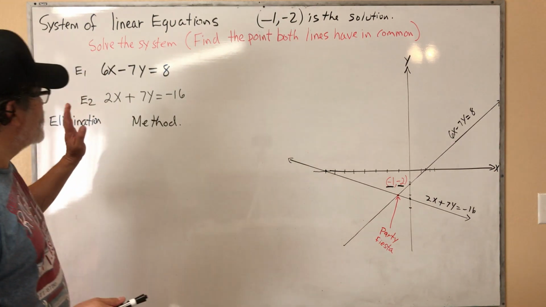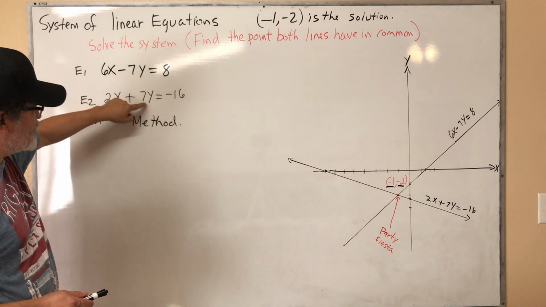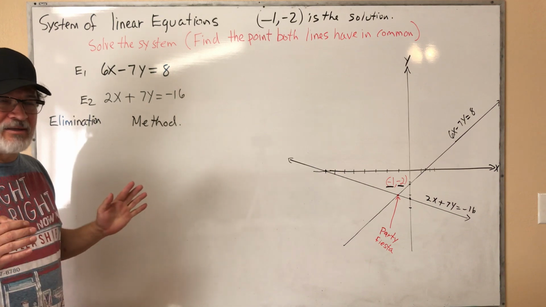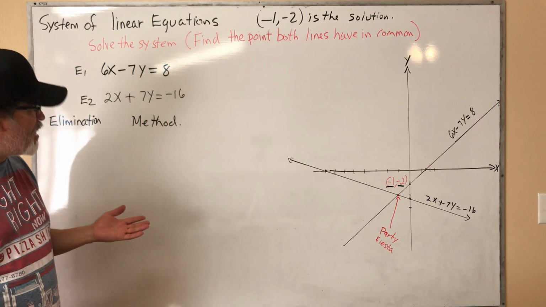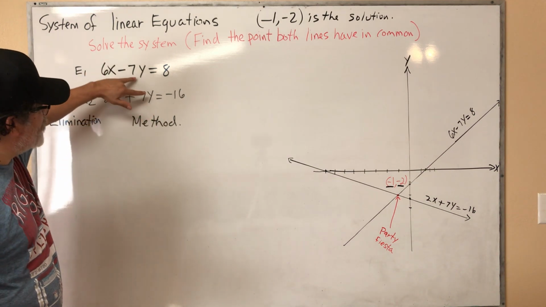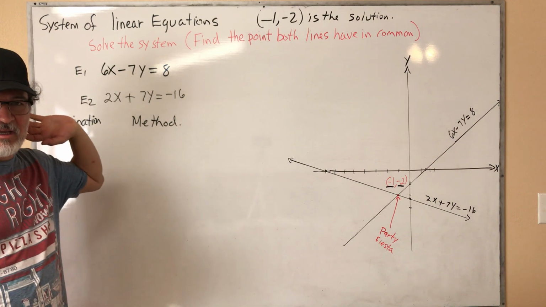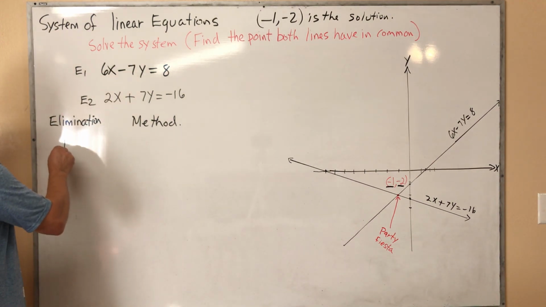I look at this equation and I see this negative 7y and I see this positive 7y. Hey, this is almost ready. So therefore, I'm going to eliminate y because those two are already opposites.